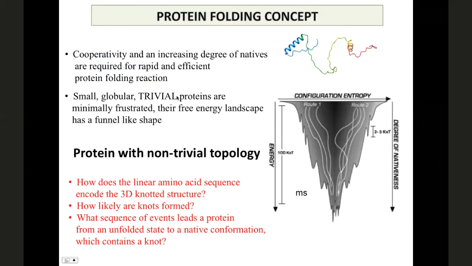So we say that the landscape possesses some narrow or small traps on the way that are not deep enough to trap the protein, and the protein is able to fold to the native state.